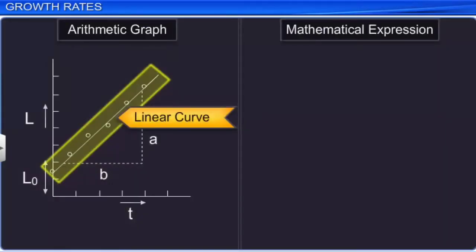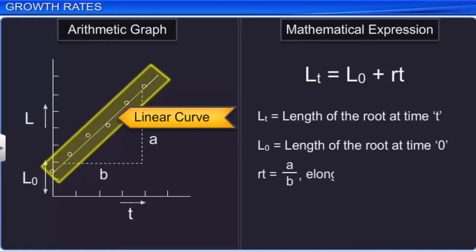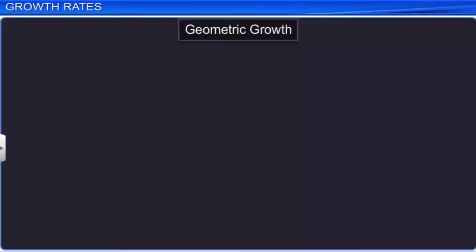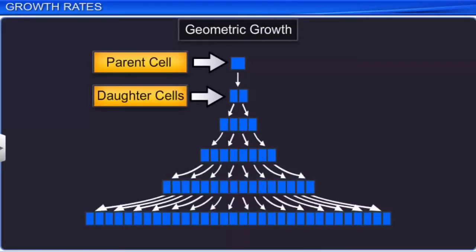Arithmetic growth can be expressed mathematically as LT = L0 + RT, where LT equals length of the root at time t, L0 equals length of the root at time 0, and RT equals A upon B, which is elongation of the root per unit time or growth rate. Geometric growth, on the other hand, refers to the division of both daughter cells obtained during mitosis.